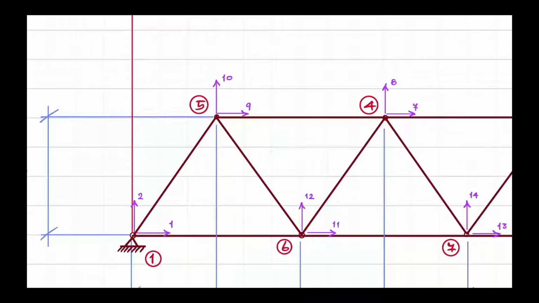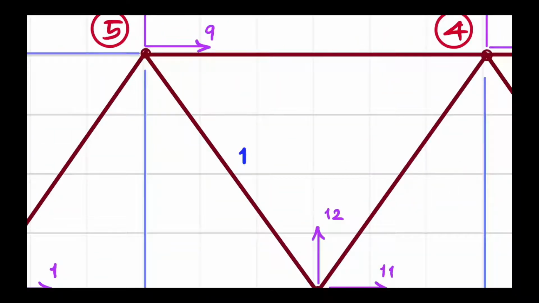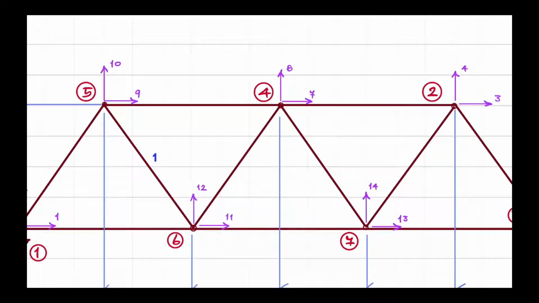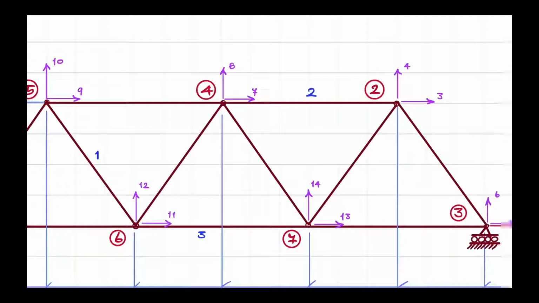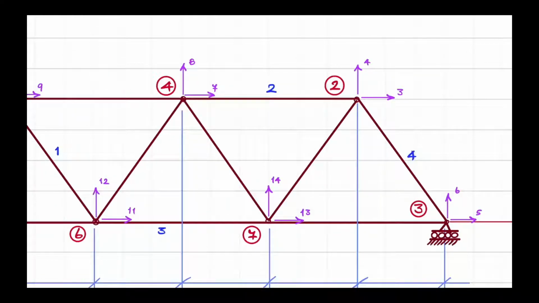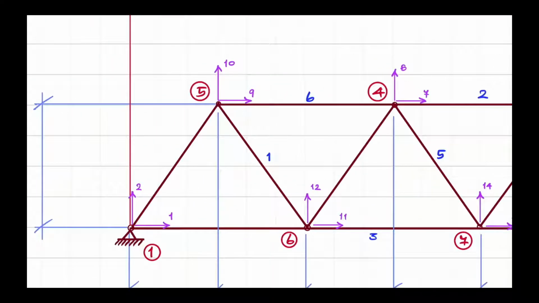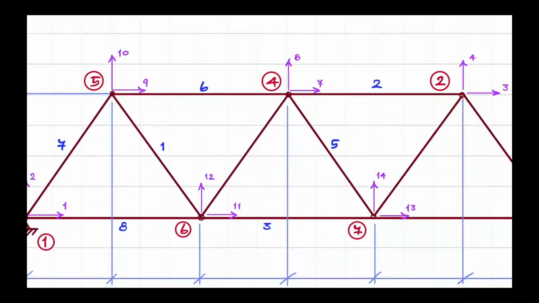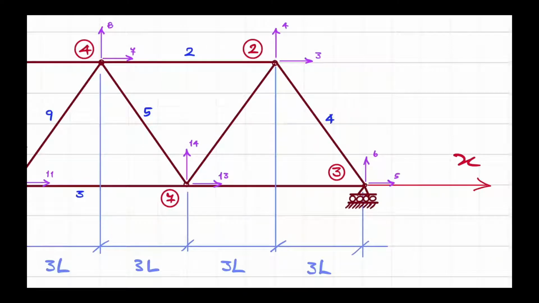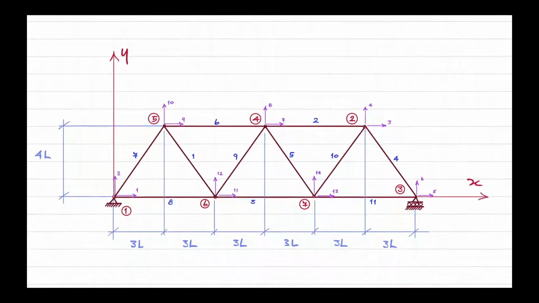Let's make element number 1 here, element number 2 there, element number 3, number 4, number 5, number 6, number 7, number 8, number 9, number 10, 11, things flies around.